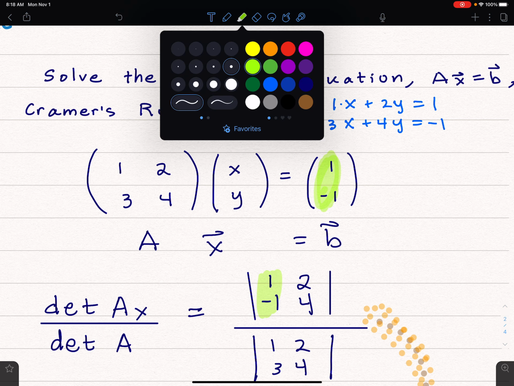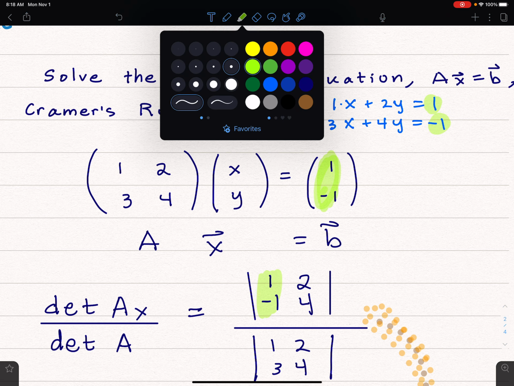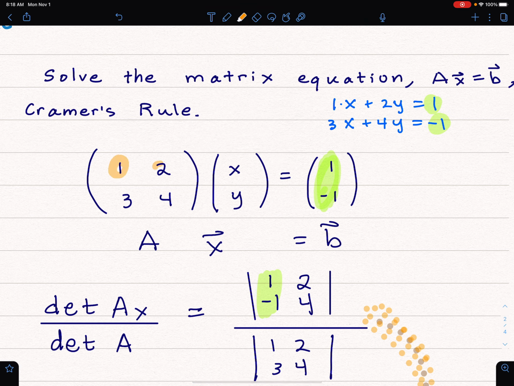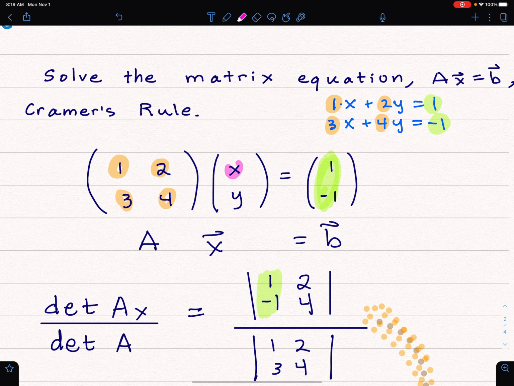Color coding this, the 1, negative 1, and then these 1, 2, 3, 4 are these coefficients here. And then our unknowns, X and Y, are different colors.